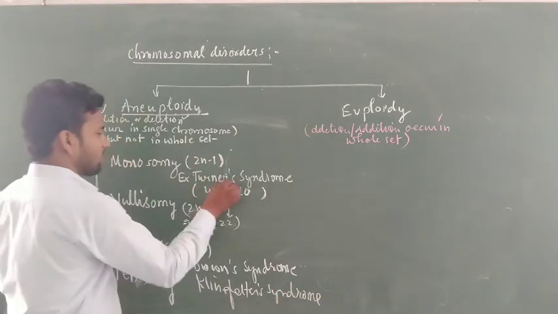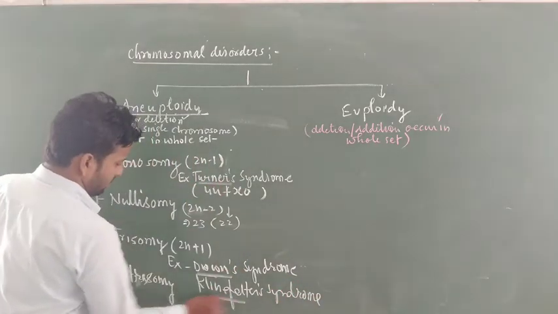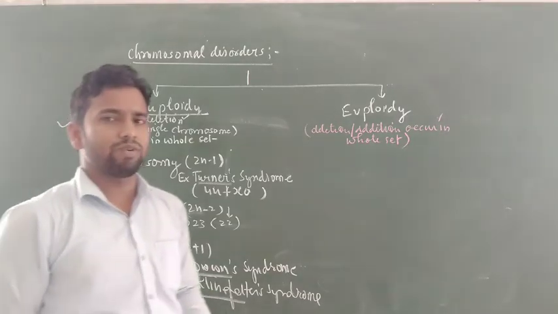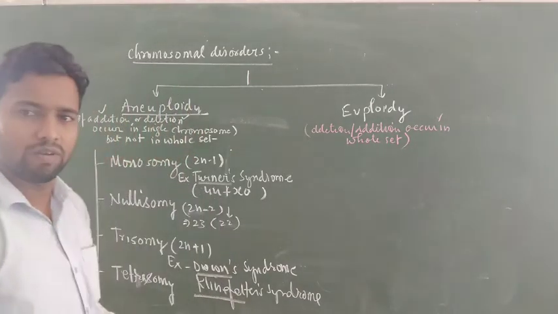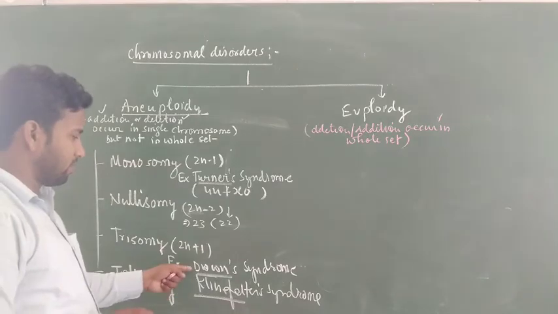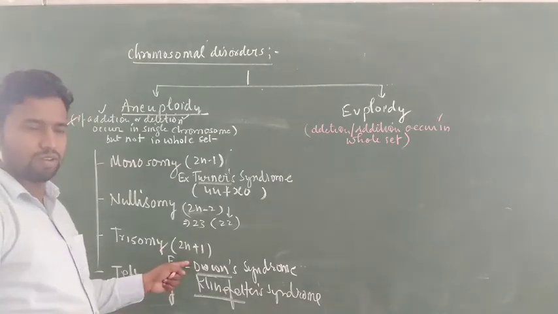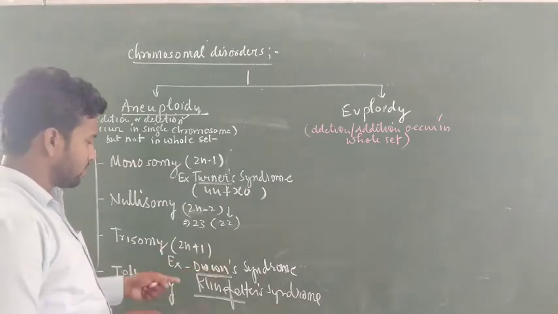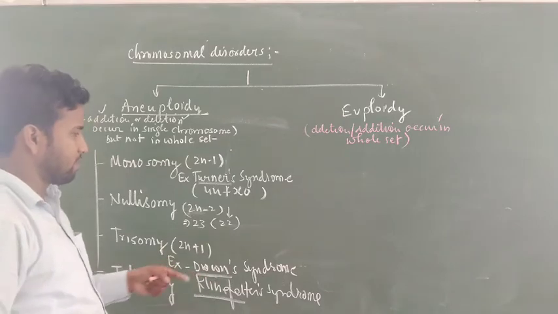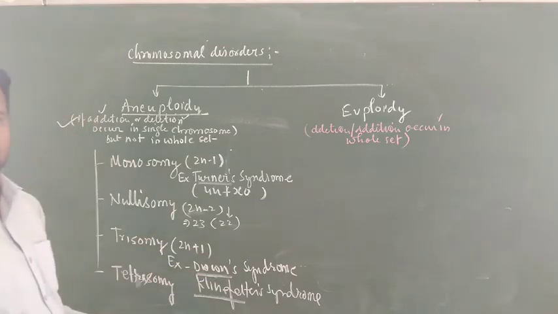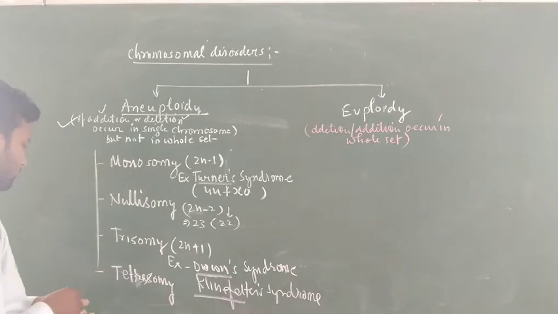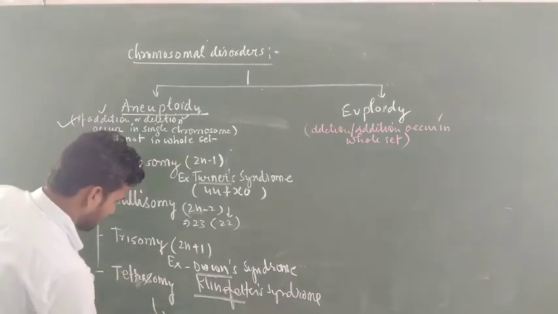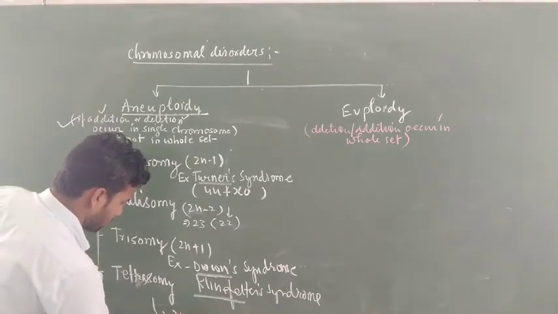These syndromes are named after the people who discovered them: Down, Klinefelter, and Turner. Students, tetrasomy indicates 2n plus 2.